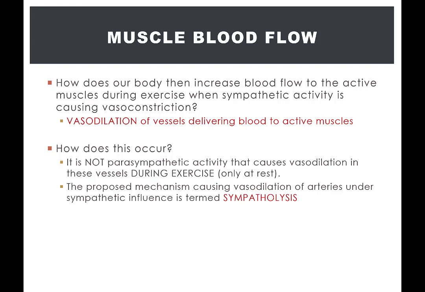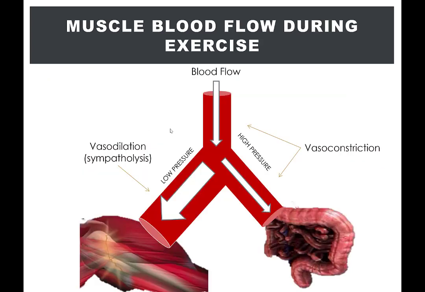So sympatholysis is referring to the breakdown of sympathetic influence. In other words, the sympathetic activity specifically on the arterial vessels surrounding active muscles is blocked, or more specifically, overridden. And thus the opposite effect of sympathetic activity on the arterial vessels will occur, which is vasodilation. Now here is a figure to illustrate this entire process.